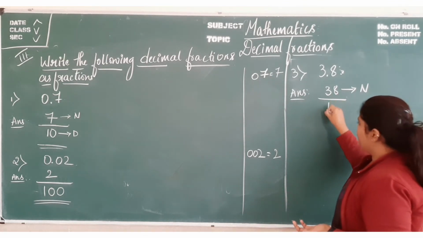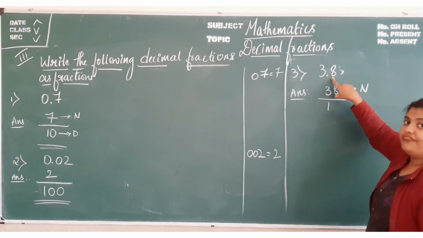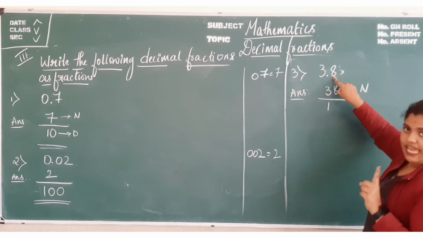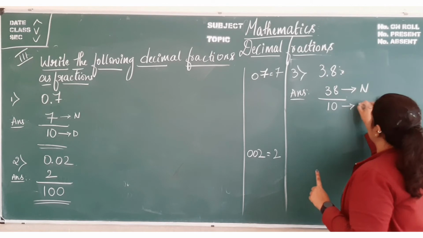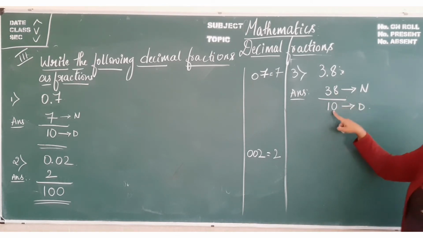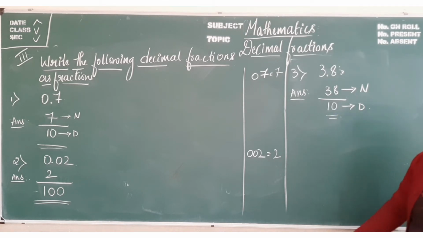I should count the number of digits after the decimal point. How many digits are there? Only one digit. I have only 8 after the decimal point. So I write 10. So 38 is numerator, 10 is denominator. So this is how we convert the given decimal fraction to a fraction.